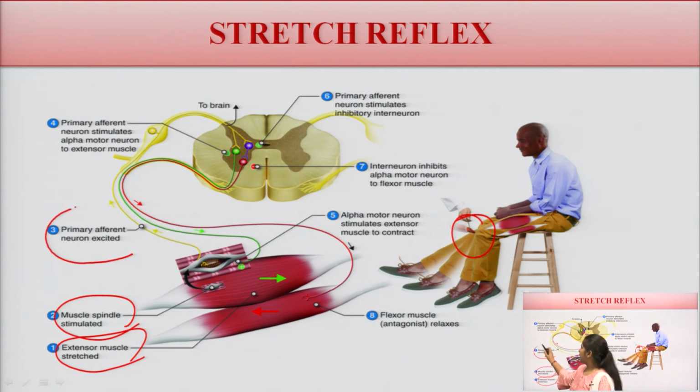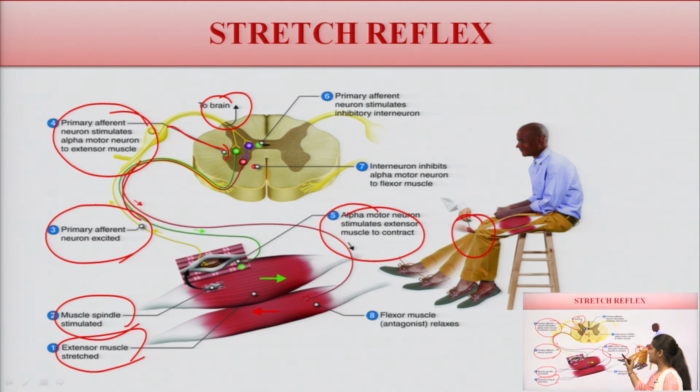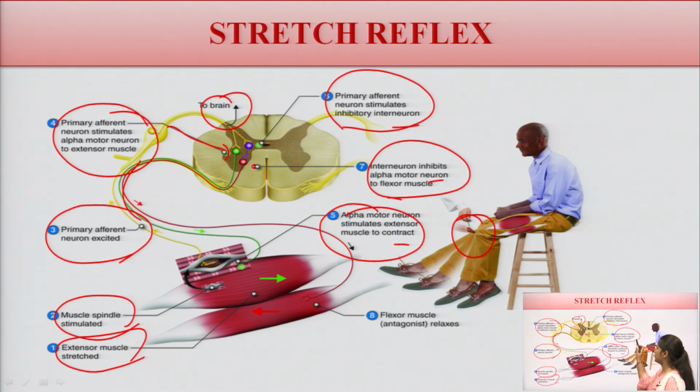After that, the primary afferent neuron is excited and produces stimulation, and then the primary afferent neuron stimulates the alpha motor neuron to the extensor muscles, and the signal goes to the brain. Again, the alpha motor neuron stimulates the extensor muscles to contract, and the primary afferent neuron stimulates the inhibitory interneurons, and after that the interneuron inhibits the alpha motor neurons.